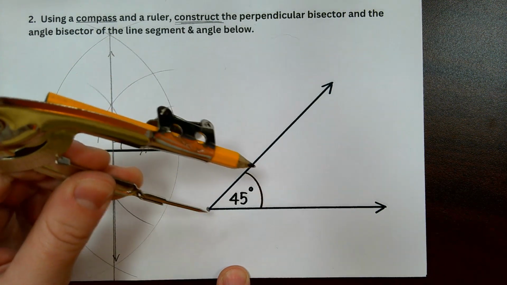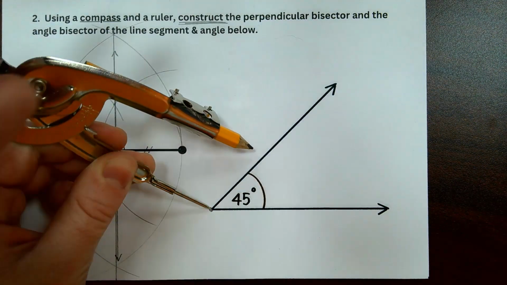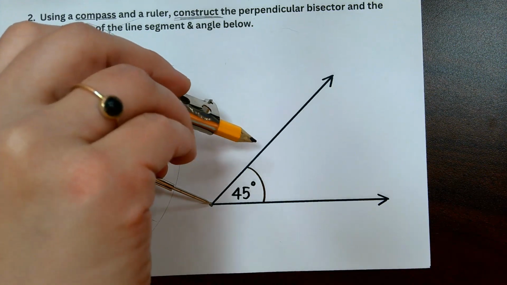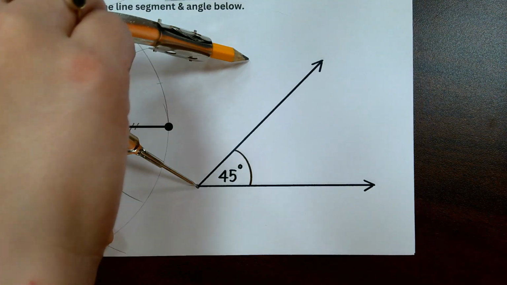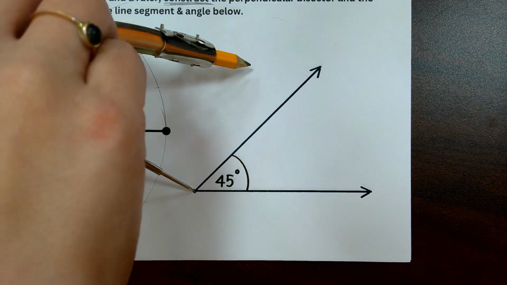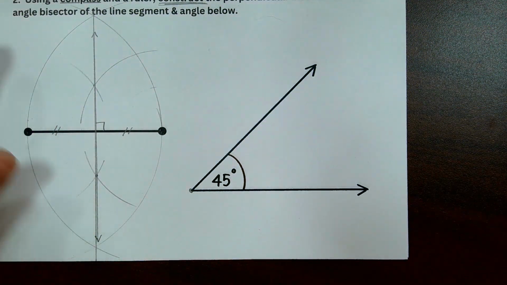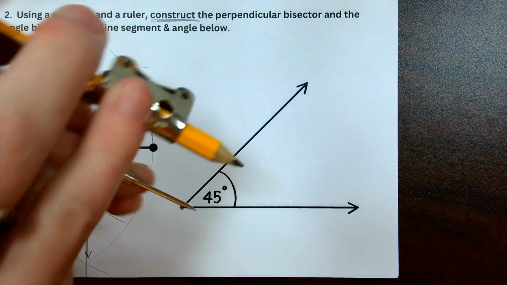So we want to open up our compass, and this time we want to make our arc not too big. If I were to make it super large like this, my intersection that I'm going to eventually create is going to go way off the page. It's not going to work. We want to make this one pretty small.